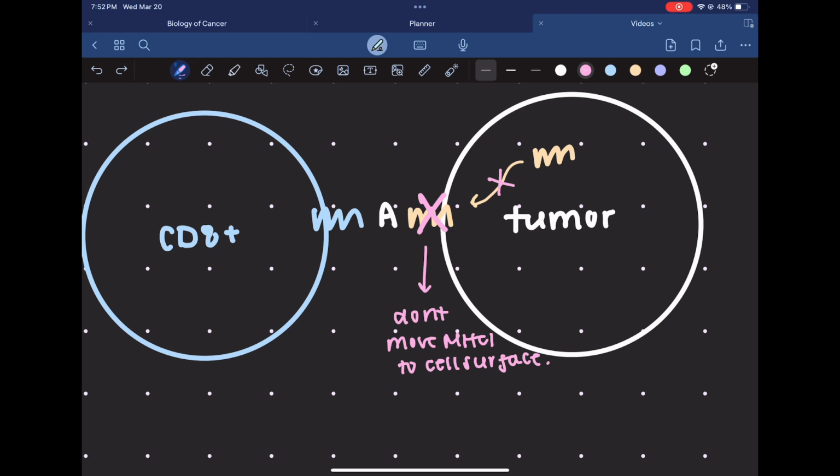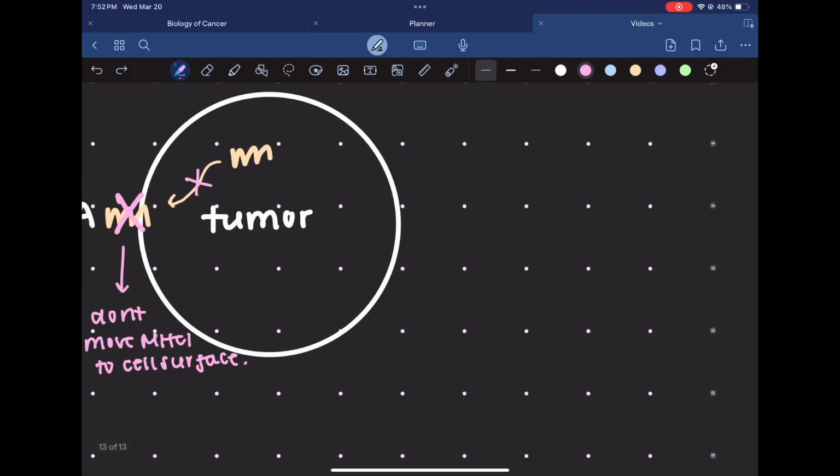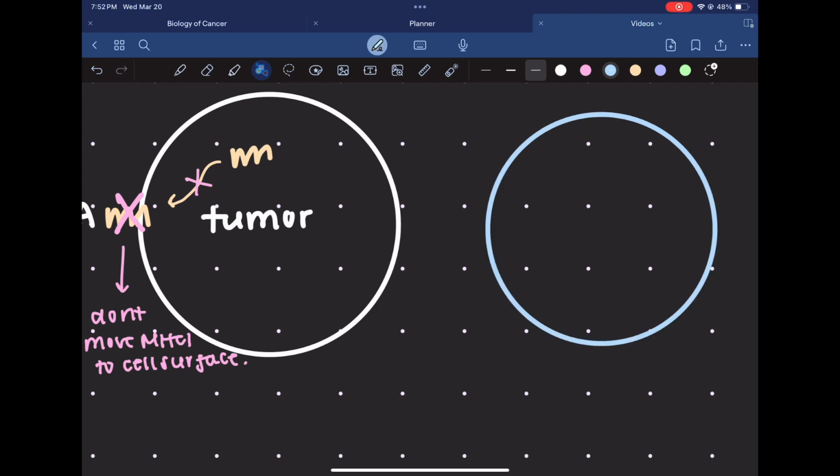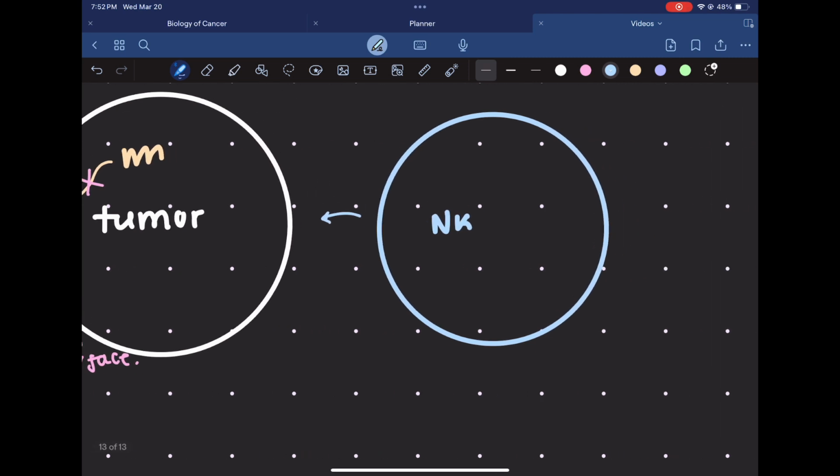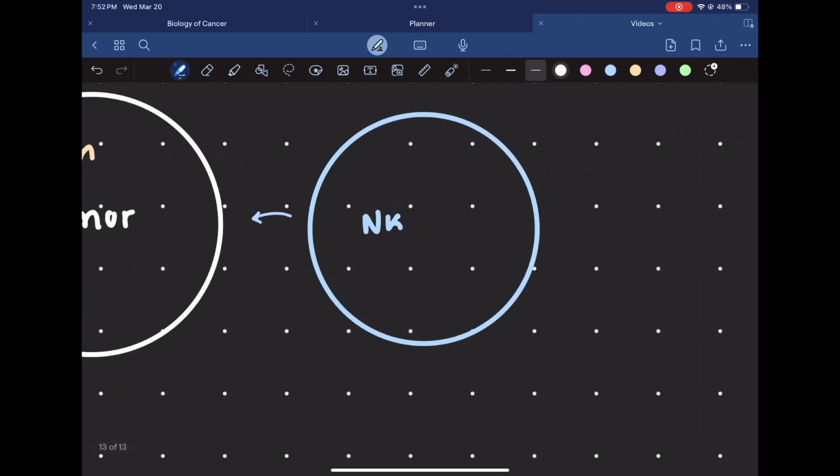However, an interesting side effect of this, if I go back to one of our other cell types that we talked about, which is our NK cell. If we don't have any MHC1 molecules on the cell surface, our NK cell is going to think that that is a foreign cell and it's going to attack.